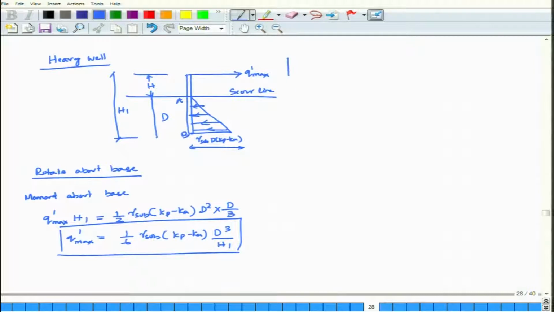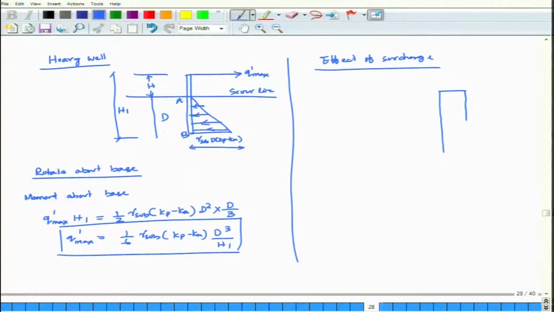The next part is the effect of surcharge. If I come to the effect of surcharge, let us put a well. This is my well, and this will be my bed, and this is the cover depth.